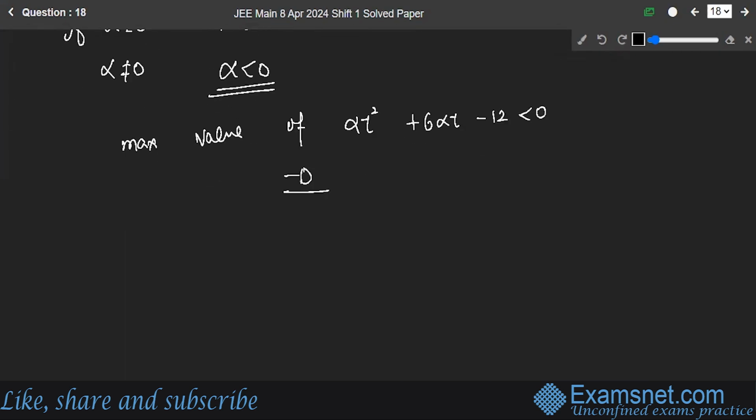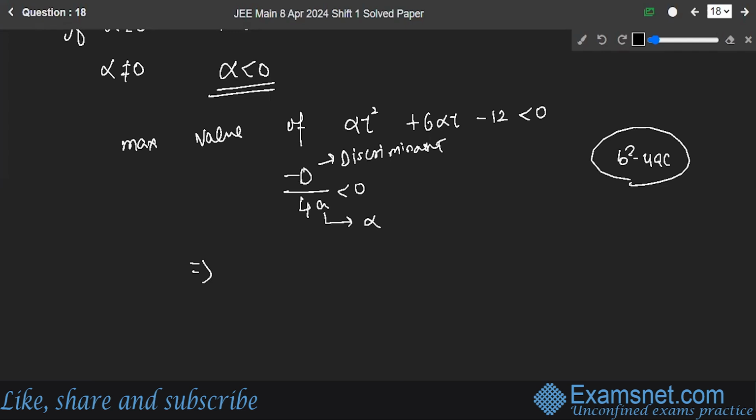Here, the maximum value for that is -D/4a. This should be negative. D is your discriminant, and a is your alpha in this case. Discriminant is b² - 4ac. Remember the general formula for the discriminant. So this will give you b², which is 36 alpha², minus 48 alpha, upon 4 alpha.